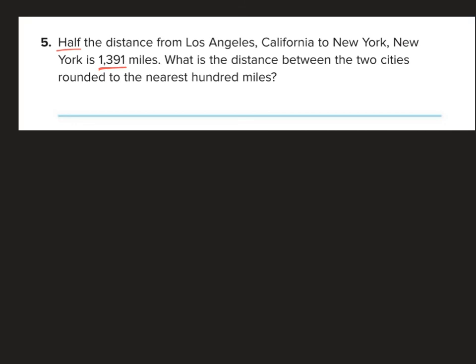So, let's first write down, what do we know? First step, we know half distance is 1,391. Okay, what do we need to know? What is the distance? Right? That's what the question is asking.